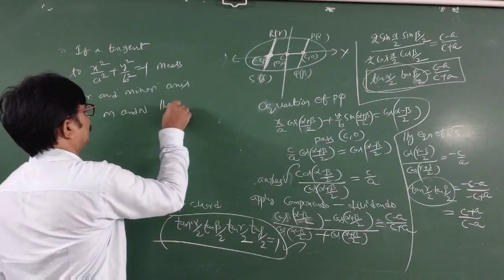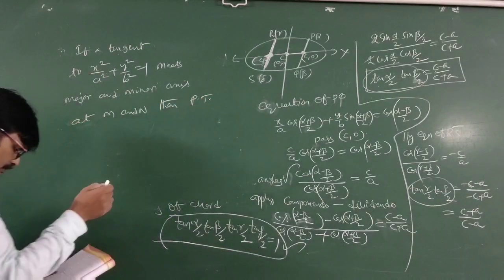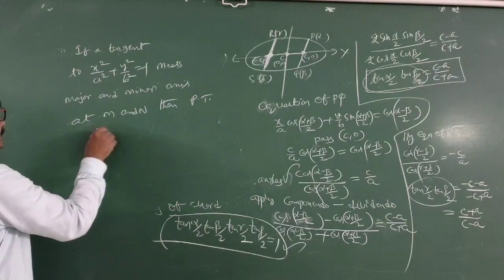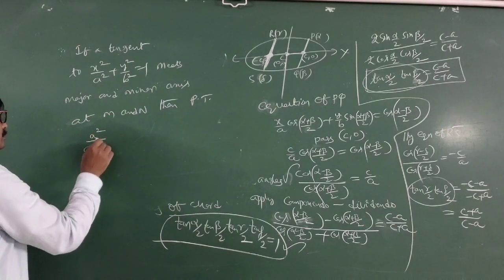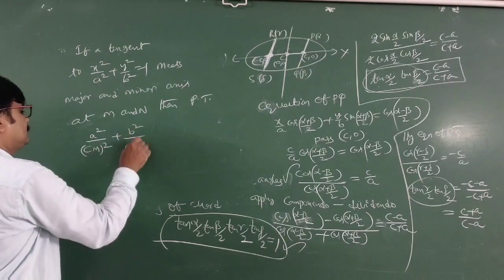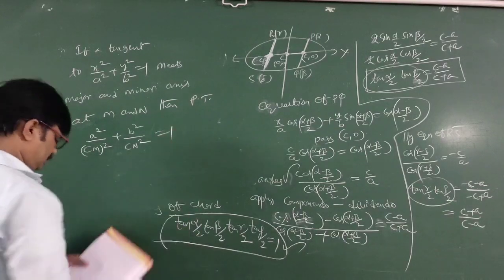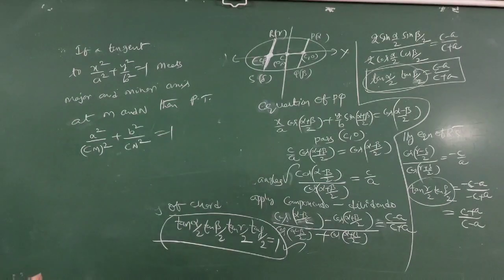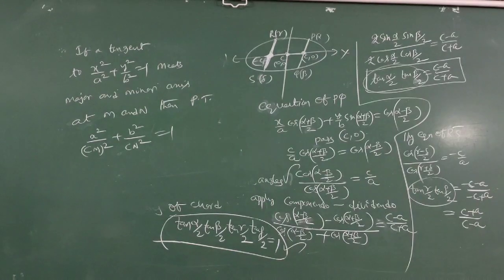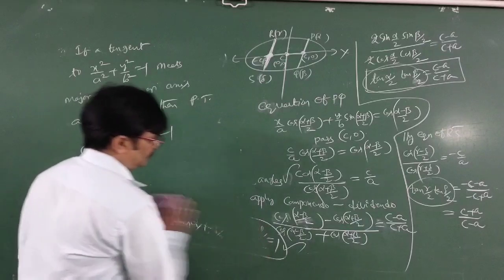Then prove that a square by CM square plus b square by CN square equals 1, where C is the center of the ellipse.